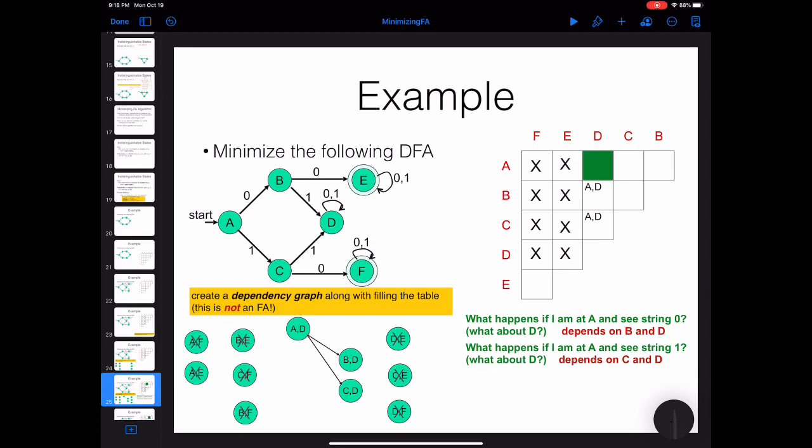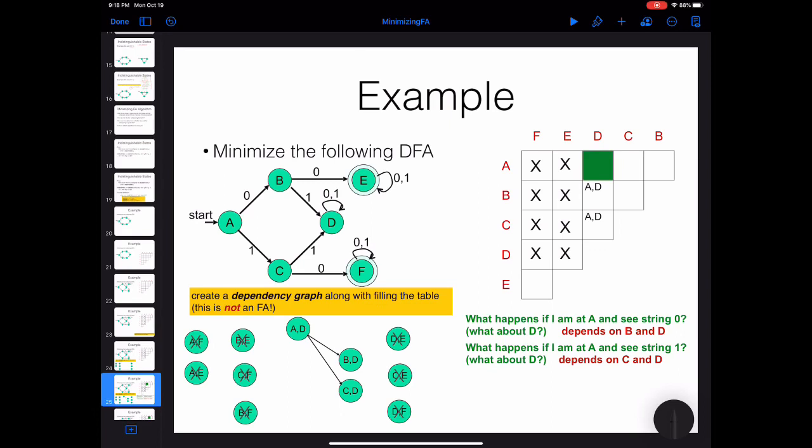Okay, the first cell to check is the pair A and D. For A, I will check what would happen if I see a 0, and for D, what would happen if I see a 0.